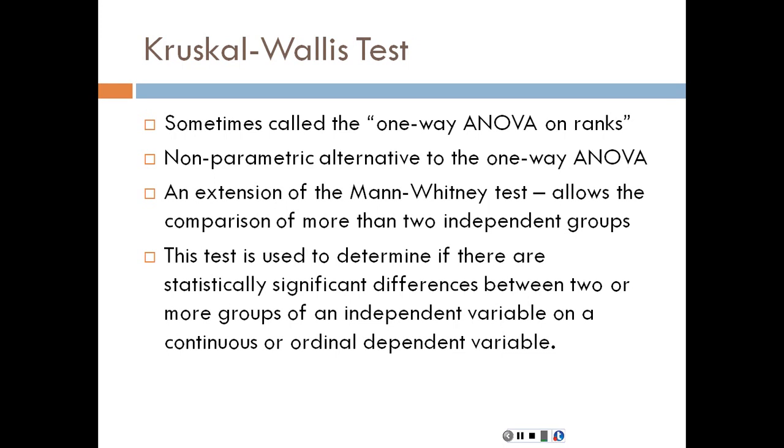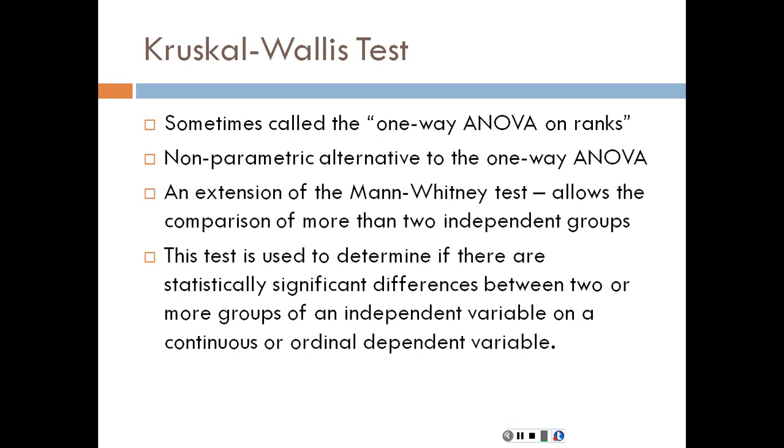With the parametric one-way ANOVA, you are comparing the means of 3 or more groups, and if our data are not normal, for instance, we would have to use the non-parametric version, which would be Kruskal-Wallis.